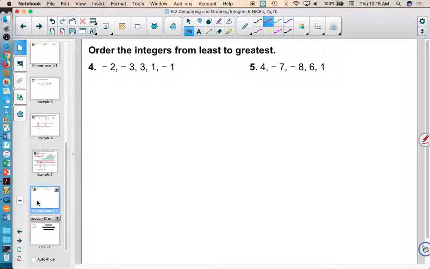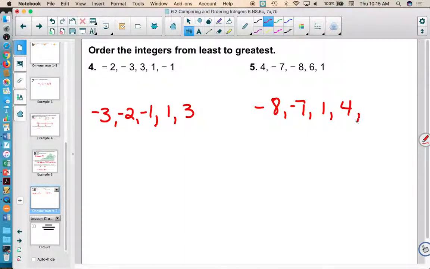Cole, tell me the order for number 4. Negative 3, negative 2, negative 1, 1, and 3. Nice job. Josie, what's number 5? Negative 8, negative 7, 1, 4, and 6. Way to go. You guys are rocking this order stuff.